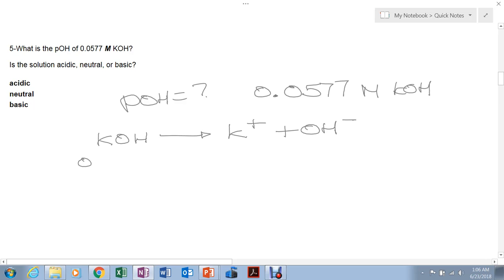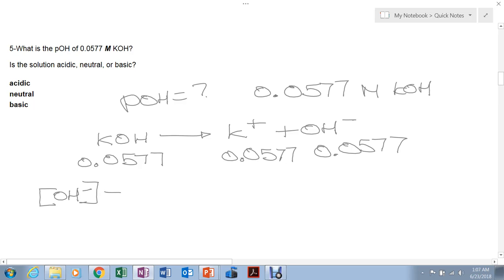So if you got 0.0577, as this is 100%, you're going to get 0.0577 of OH. And so the concentration of OH negative would be 0.0577. So the problem is asking for the pOH.